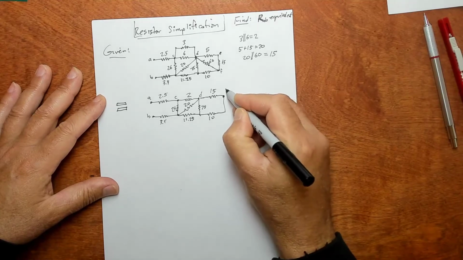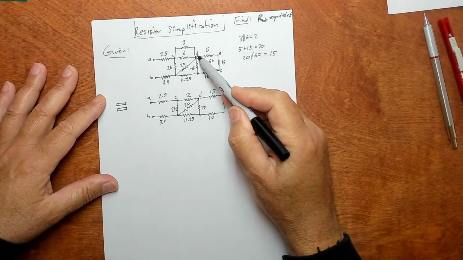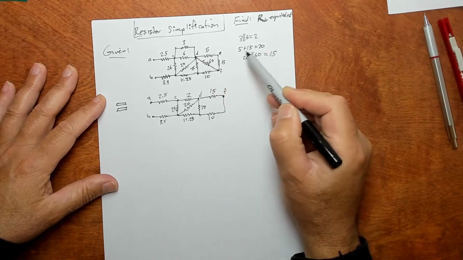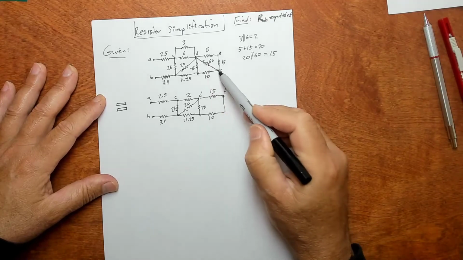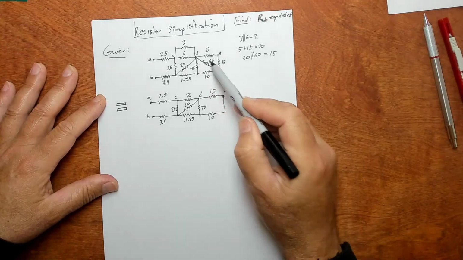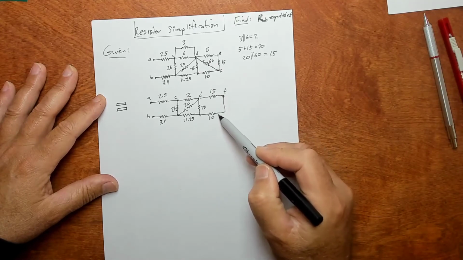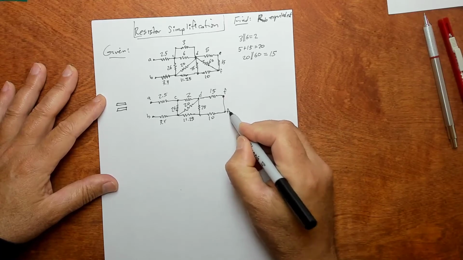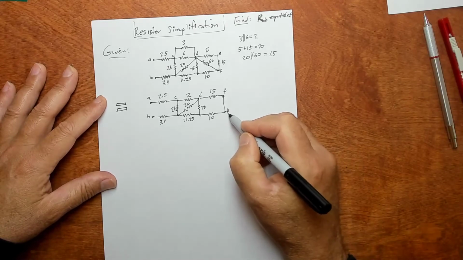If it helps, you could label that F, because between D and F we added the 5 and the 15, got 20, and then did the 20 in parallel with the 60. And we got 15 between D and F, so I drew it over here, just moved F up around this way. That's cool, because there's nothing in here. You can think of this as also being F, because they're the same node, because this is just a wire.